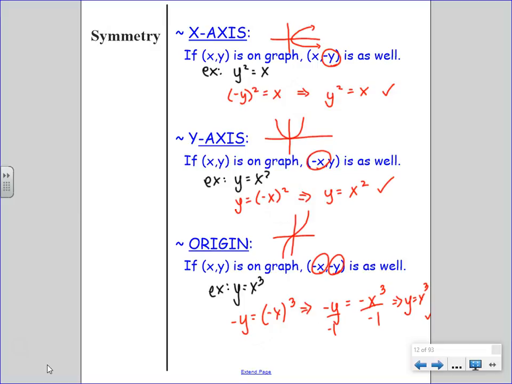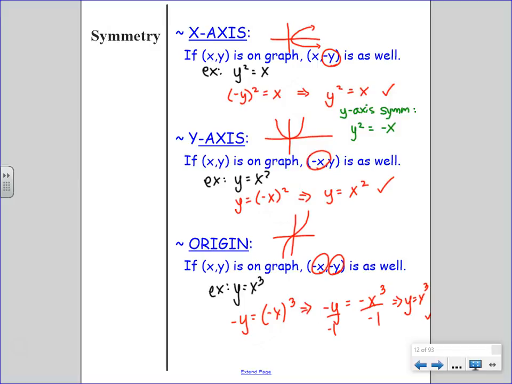Now wait. For the y-axis symmetry, you test this point. Now I did in this equation, but let's go back for just 1 second. What if we were to test this function for y-axis symmetry? You don't have to write this down, it's going to get messy in the notes, but just follow along for me just for a second, okay? If I were to take y squared equals x and plug in this point as well, y would stay the same, and what would happen to the x?